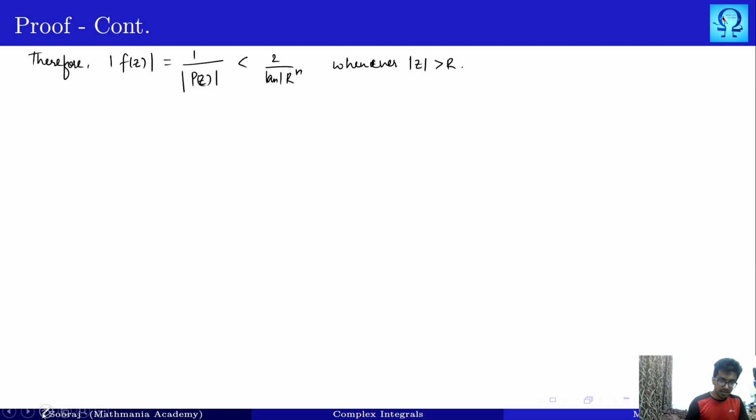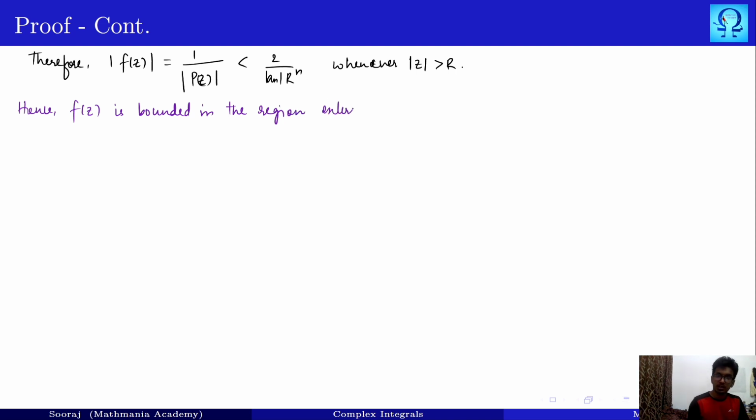So this just concludes f of z is bounded in the region exterior to the disk absolute of z smaller than or equals r.